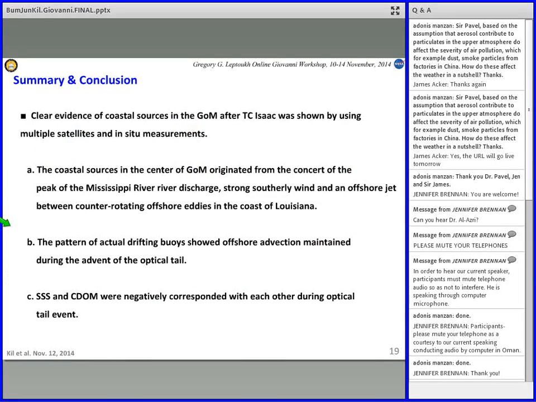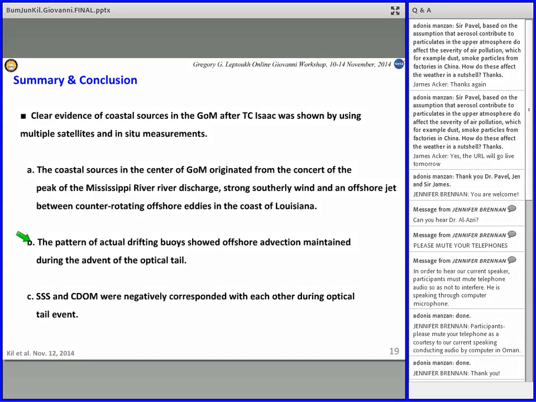In summary, clear evidence of the coastal sources in the Gulf of Mexico after tropical cyclone Isaac was presented by multiple satellites and in situ measurements. We found that the coastal sources in the center of the Gulf of Mexico originated from the consort of the peak of the Mississippi River discharge, the strong southerly wind, and offshore jets between counter-rotating offshore eddies off the coast of Louisiana.